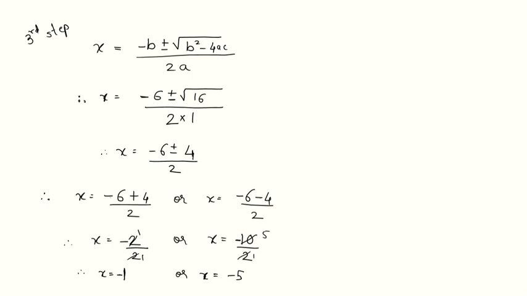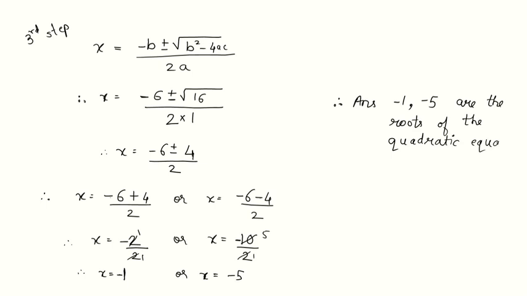Okay, so therefore the answer is minus 1 comma minus 5 are the roots of the given quadratic equation. So all you need to do is remember the formula to find the value of x using the formula method.